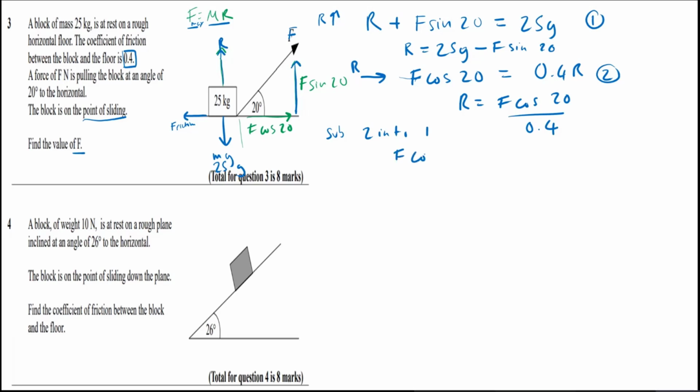So we're going to get F cos 20 over 0.4 plus F sine 20 equals our 25g.